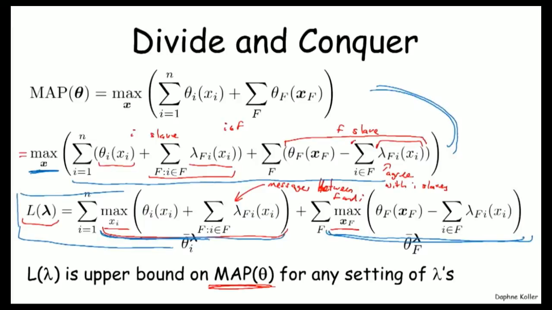So introducing some notation, which we'll use in the rest of this presentation, we're going to call the function that the ith slave is optimizing theta I lambda, and the function that is being optimized by the f slave theta f lambda.